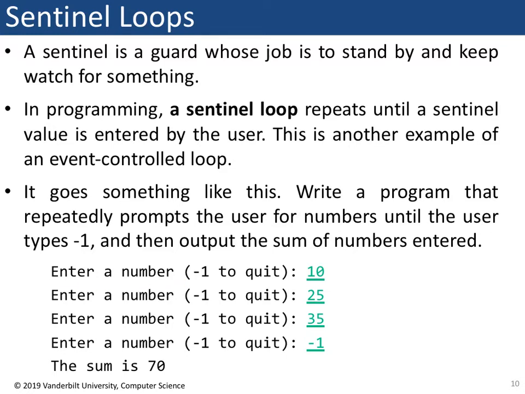Enter a number, and then usually in parentheses or some way to separate it from the rest of the instructions, -1 to quit. So this way the user understands they can either enter a number, or if they're ready to stop, then they can enter -1, and -1 is not considered one of the numbers which was entered, but rather is just a way to tell the program I'm done and ready to continue with another portion of this program.